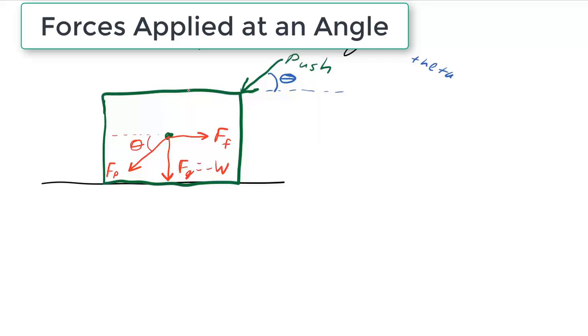Now I'm going to draw the normal force. This is where things get a little interesting. Look how long I made the arrow. It's longer than the gravity force arrow. The reason why is because it's also a contribution from the pushing. When you push like this on the box, you're pushing the box onto the floor. Imagine a scale underneath the box.